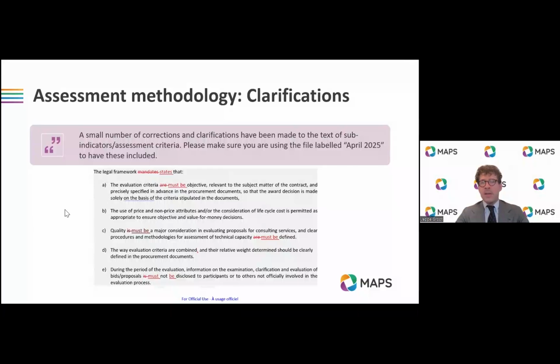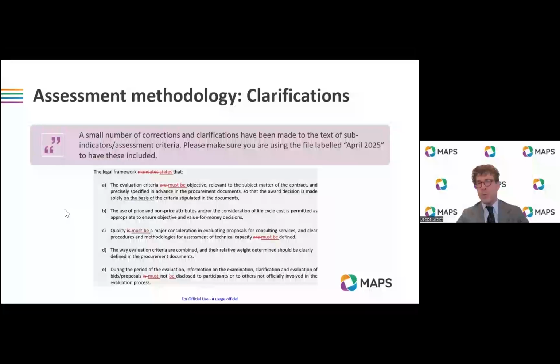Regarding the clarifications we have made, this is just an example from the very first sub-indicator of the methodology. As you can see here, I have marked what has changed in track changes. And as you can see, we are really talking about clarifications. So a large number of these clarifications have to do with exchanging words such as here, where you can see previously it was "are", now it's "must be", to make very clear that it's a must and not something that could be the case.